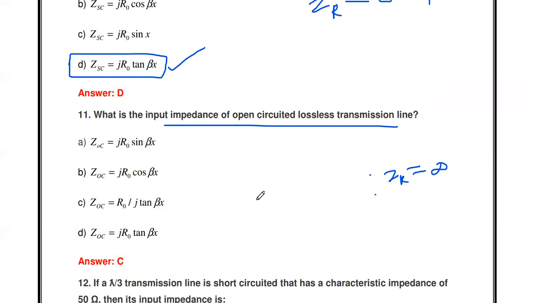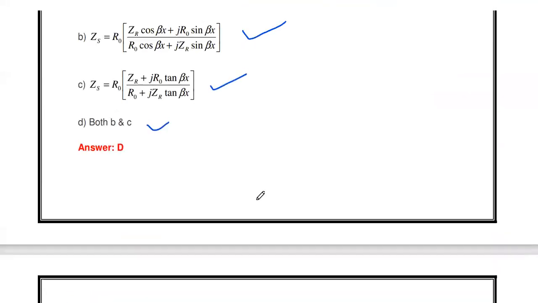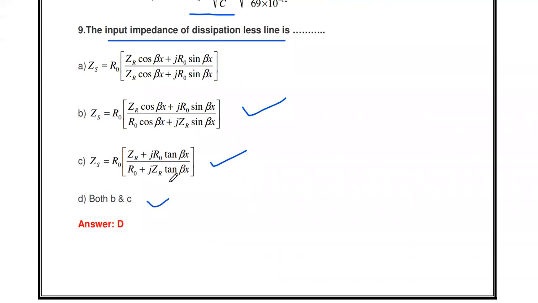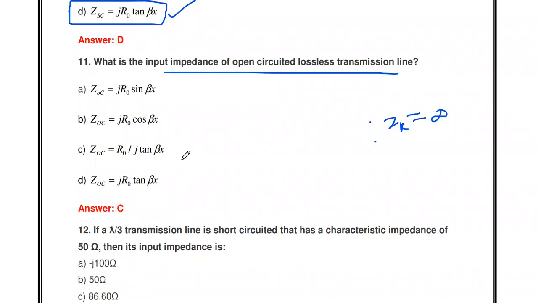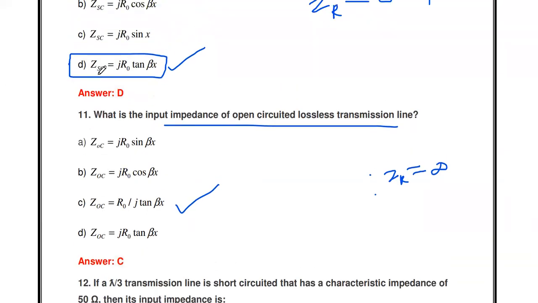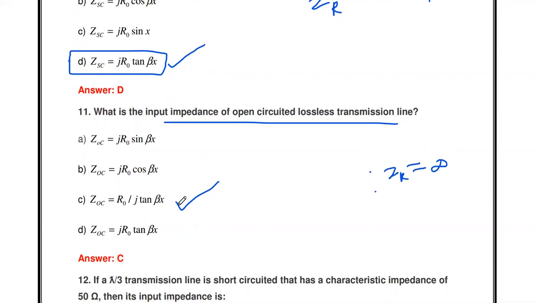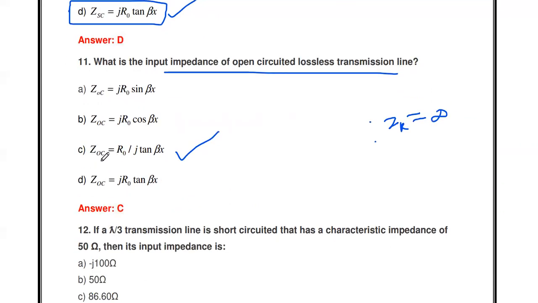Okay, if you substitute ZR equal to infinity in this input impedance formula, we may get the reduced form, that ZOC equals R naught divided by j tan beta X. So this is the input impedance of an open circuited lossless transmission line. This is the short circuited impedance, j R naught tan beta X. For the open circuited transmission line, the impedance is ZOC equal to R naught by j tan beta X.